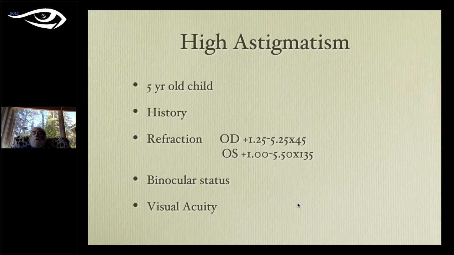If you think about astigmatism with a rule, against a rule, axis 90, axis 180, you think about a letter T. Either the horizontal arm or the vertical arm is in focus, but the whole letter at one instant is not in focus.